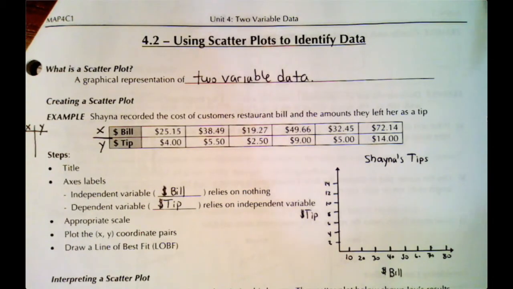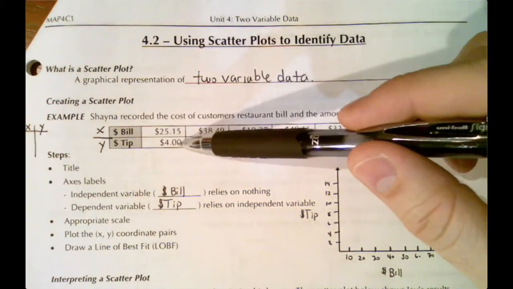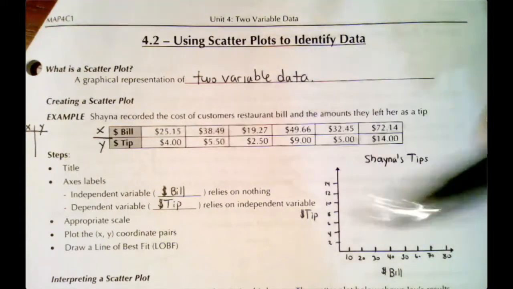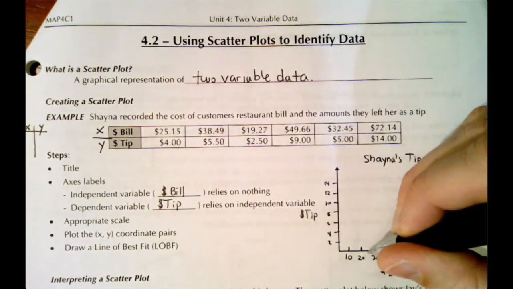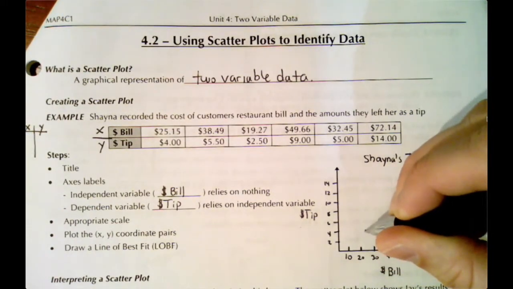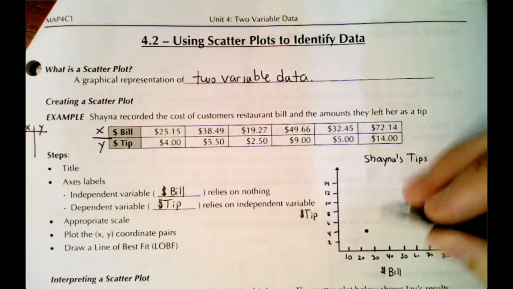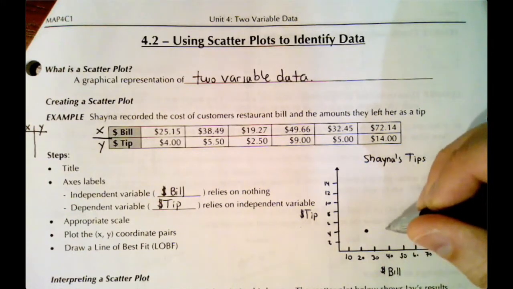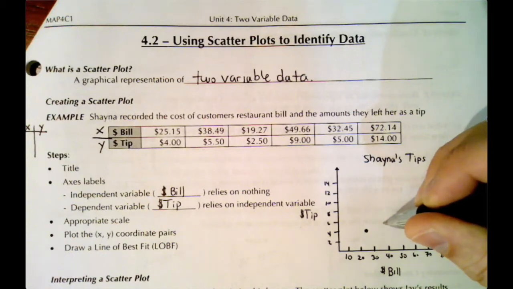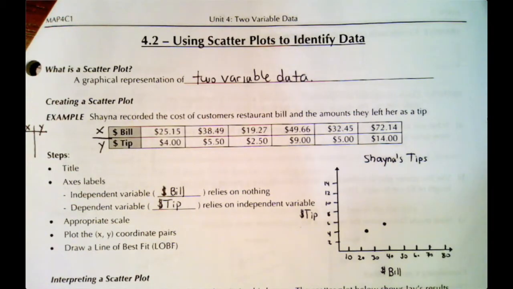Let's graph some points. Our first point is $4 tip on a $25 bill. We're going to approximate here. 25 would be in the middle, 4 would be right here. There's our first point. See, plot the coordinate pair, the ordered pair. We got X, Y. Next point is 38 and 5.50. 38 is just under 40. 5.50 would be almost up to 6. 19, 2.50.